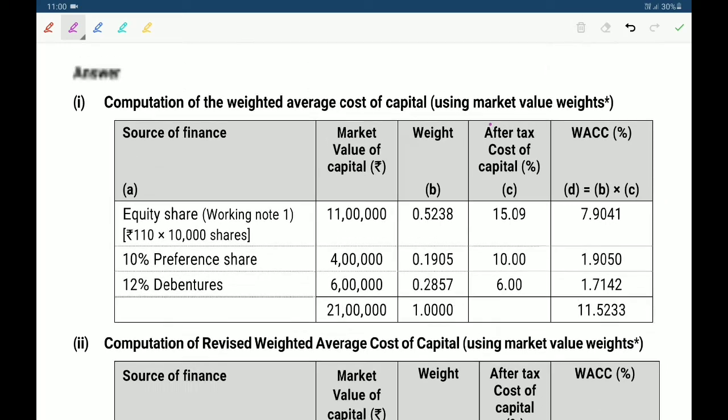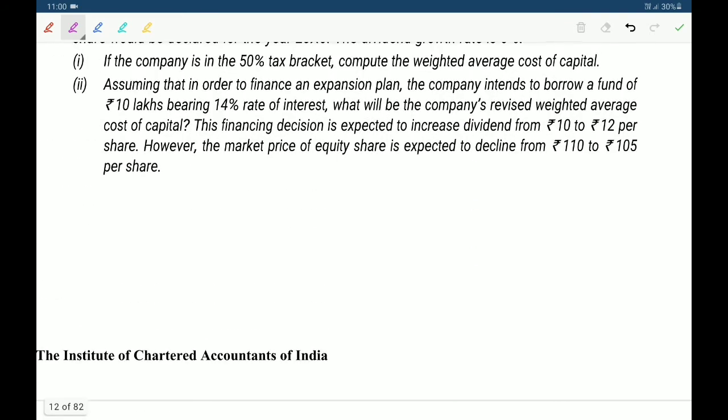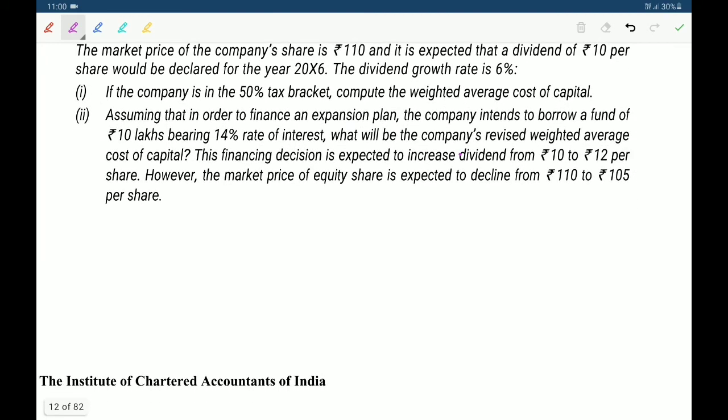Next, second one. Assuming that in order to finance an expansion plan, the company intends to borrow a fund of 10 lakhs. That means debt taken, how much? 10 lakhs, bearing 14% rate of interest.